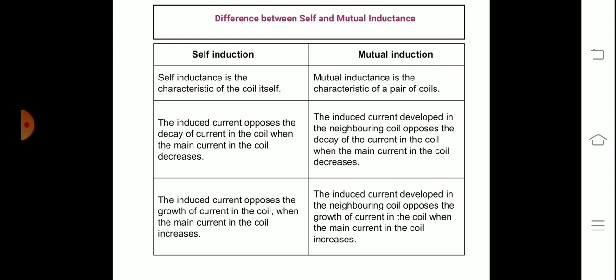It means when the current is decreasing in the primary coil, the current in the secondary coil will also decrease. The induced current opposes the growth of current in the coil when the main current in the coil increases. Likewise, the induced current developed in the neighboring coil opposes the growth of current when the main current in the coil increases.